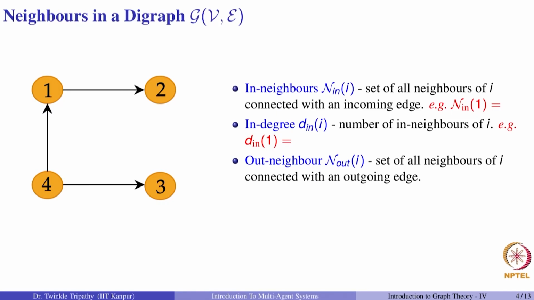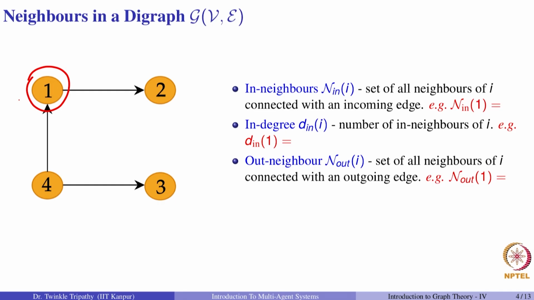Similar to in degree, we have something known as the out neighbor of I, which is a set consisting of all the neighbors of I which are connected with it via an outgoing edge. Again, let us see this through an example.